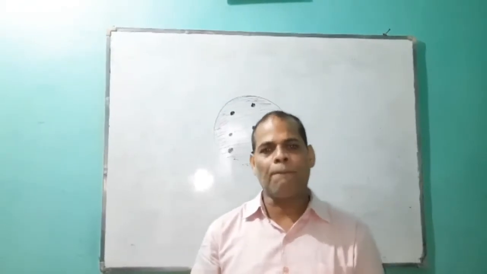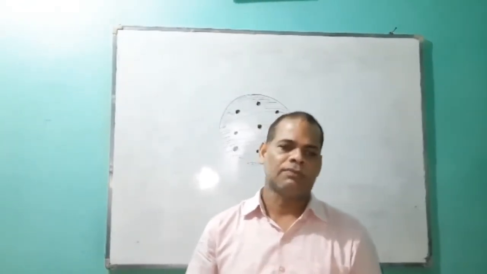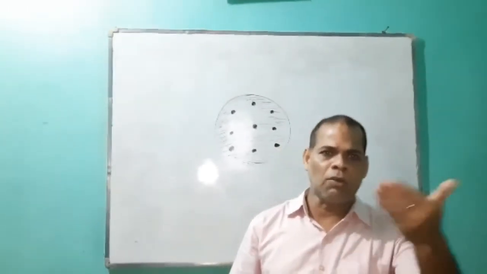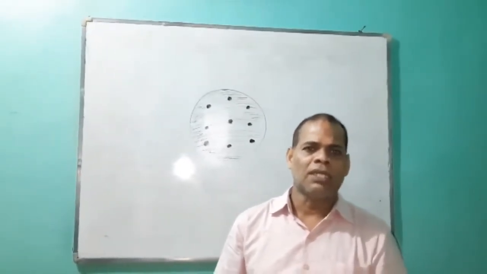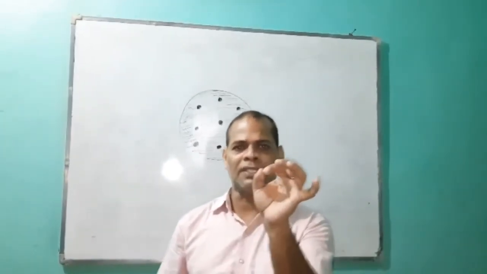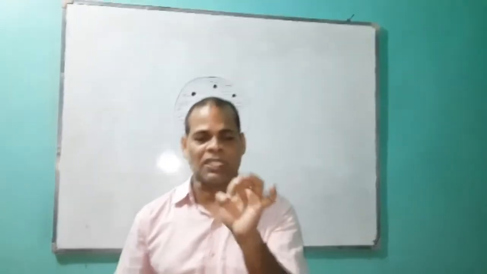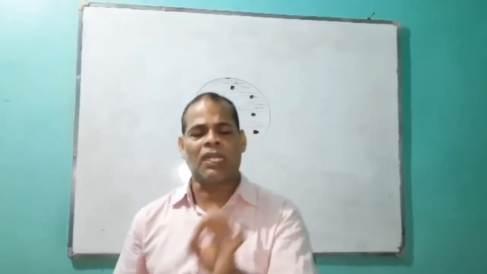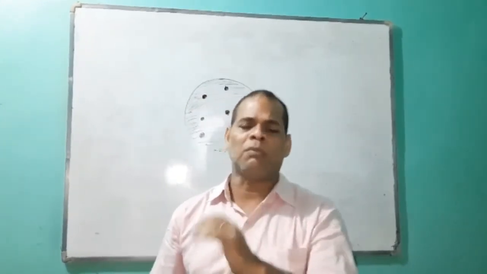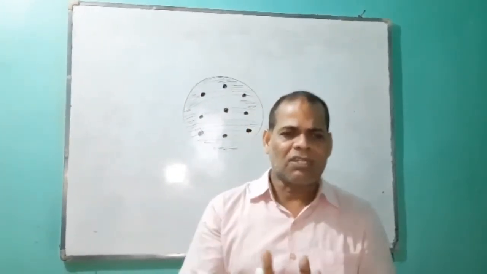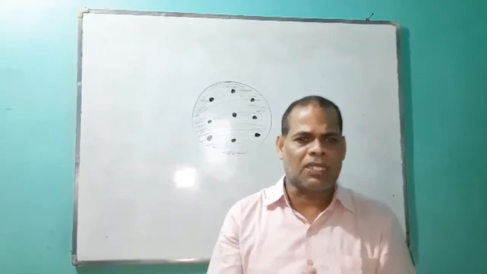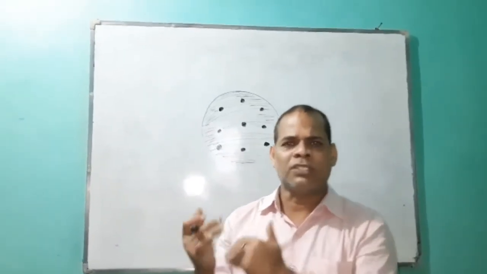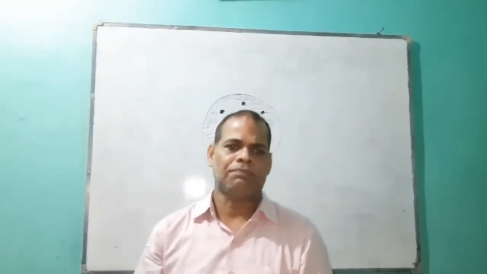He also compared it with the apple, where the yellowish part is the positively charged part and the seeds are electrons. So it is the apple pie pudding model. He compared his model of an atom with different objects.